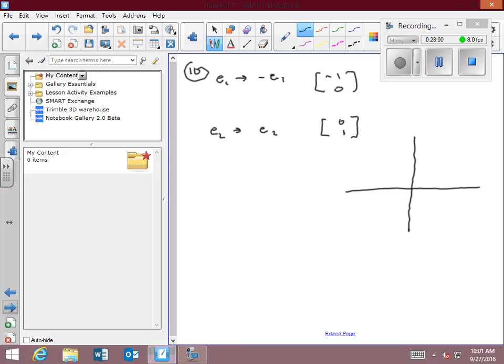So you're going to rotate this from here to here, and that rotation makes this negative E1.